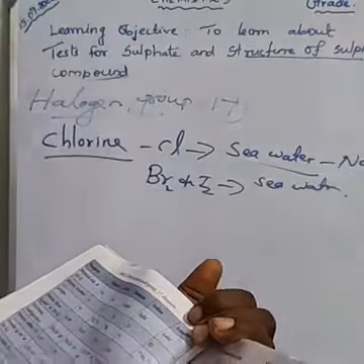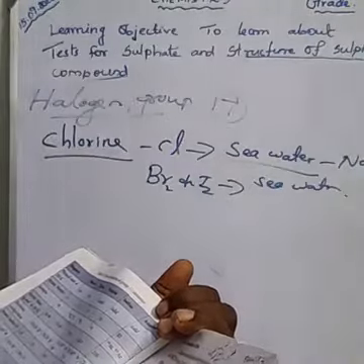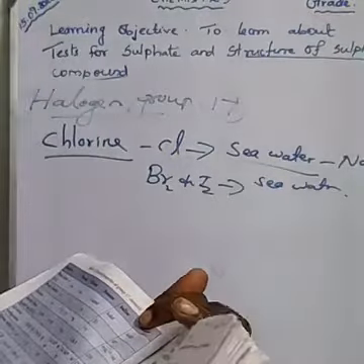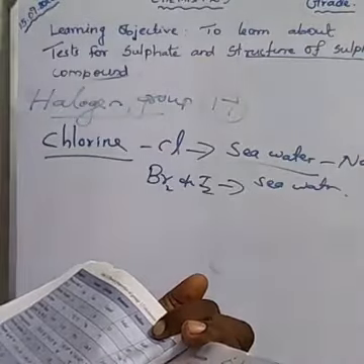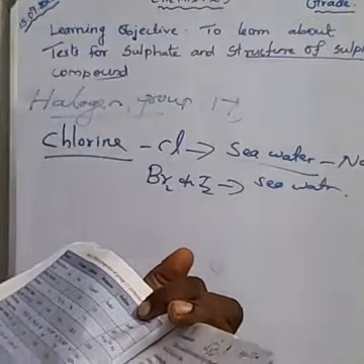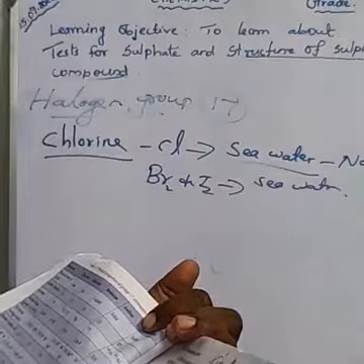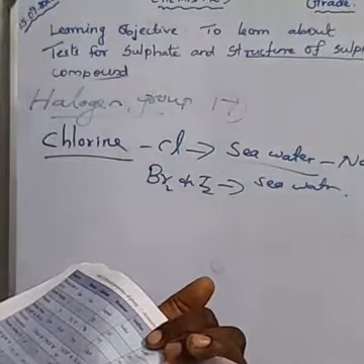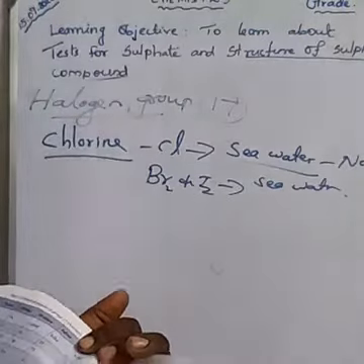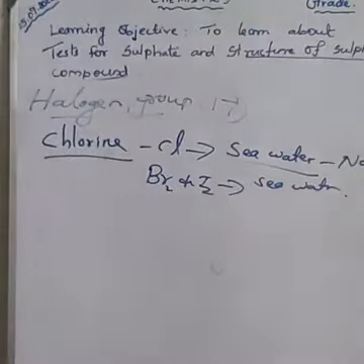Fluorine and chlorine have two isotopes, and astatine also has two isotopes. Also the atomic mass and the electronic configuration; I already told you how to write the electronic configuration. The atomic radius, density, melting point and boiling point are for the one-mark question.